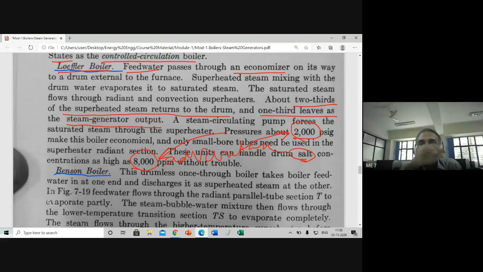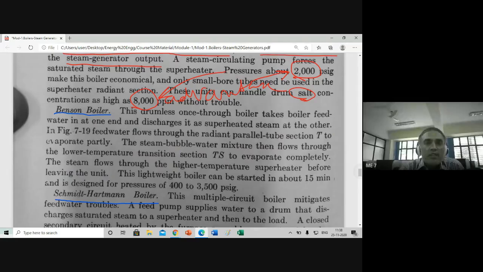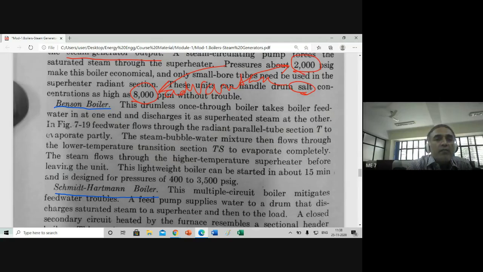These are the advantages. Coming to the Benson boiler. The Benson boiler is called a once-through boiler.